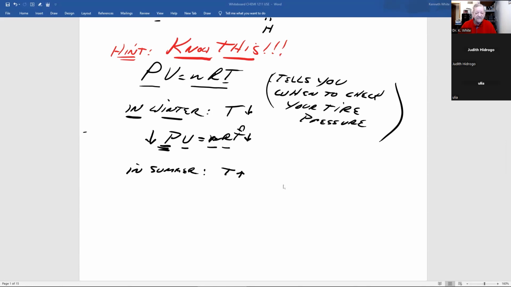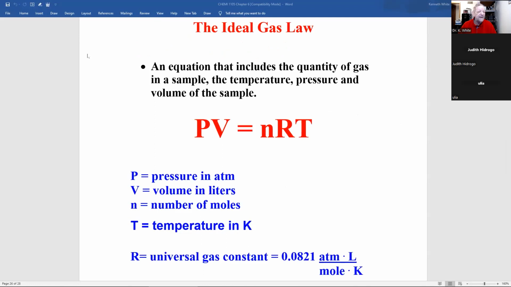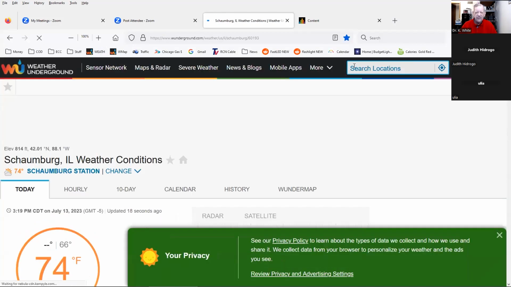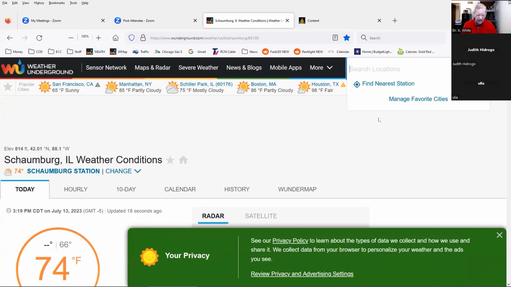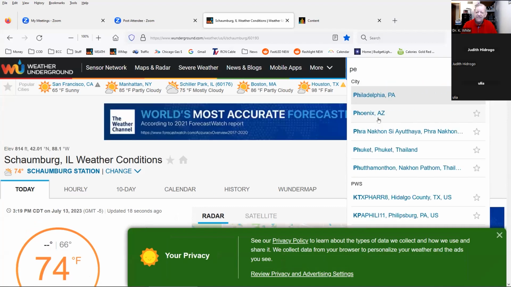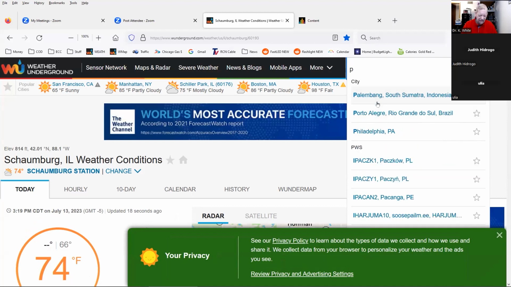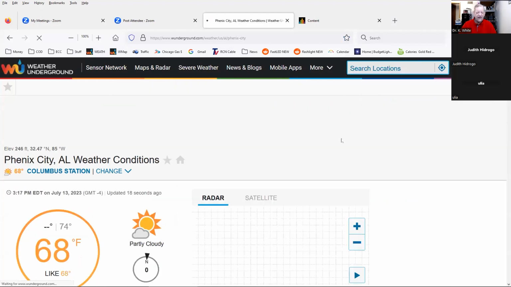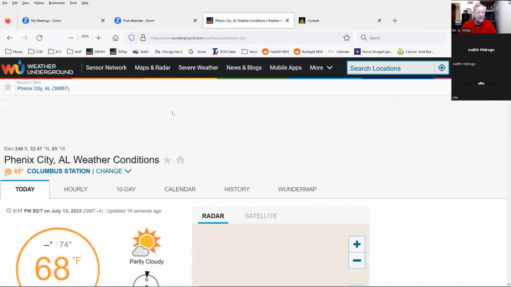Wrong screen, right screen. This is my favorite weather site, Weather Underground. I did have it right. If we look at, that's not what I want.